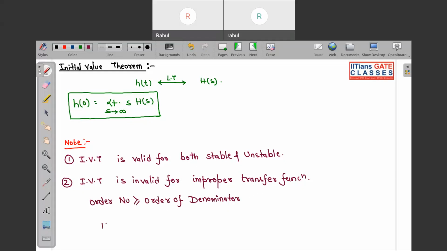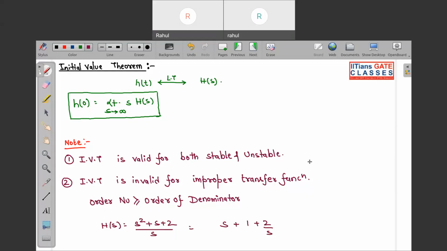For example, suppose H(s) is equal to (s square plus s plus 2) divided by s. The order of the numerator is 2, and the order of the denominator is 1. If you take the inverse Laplace transform, this will be s plus 1 plus 2 by s.